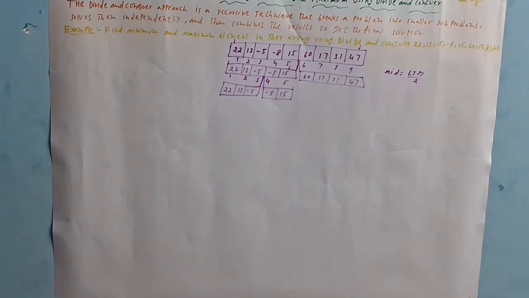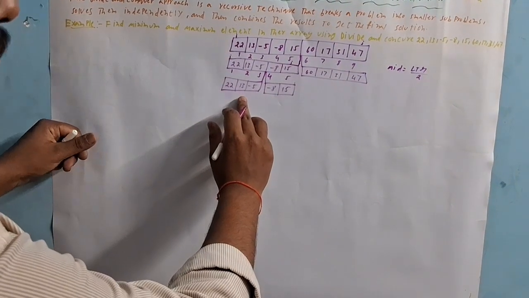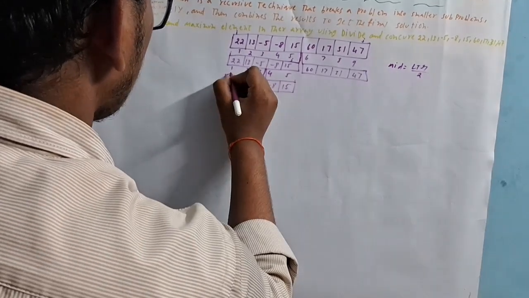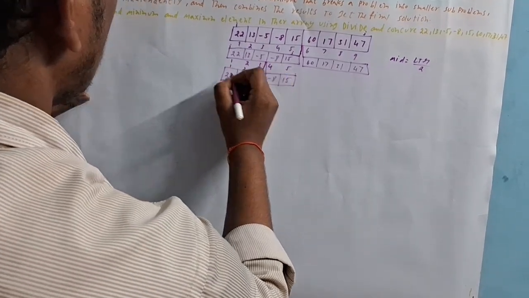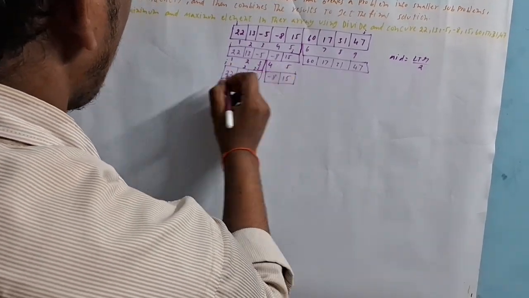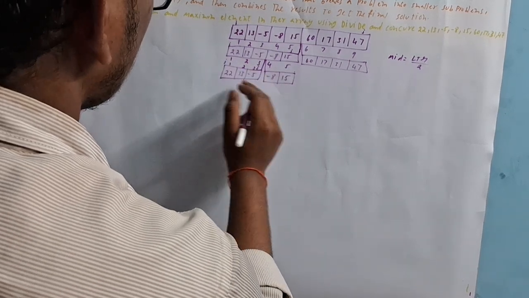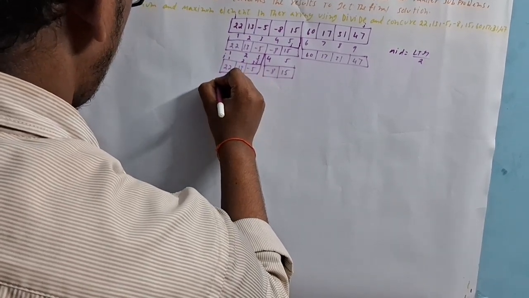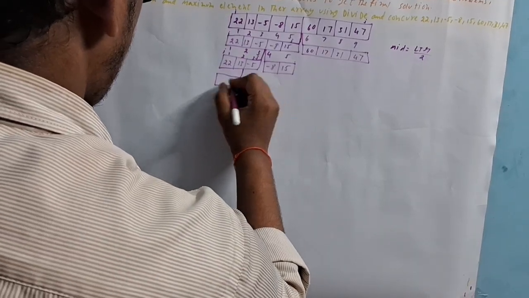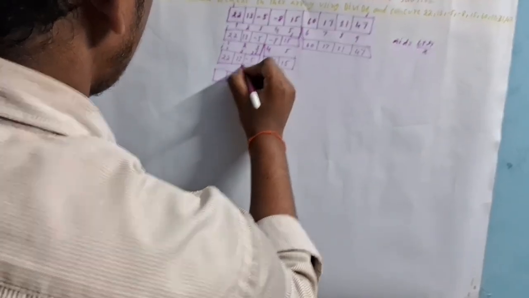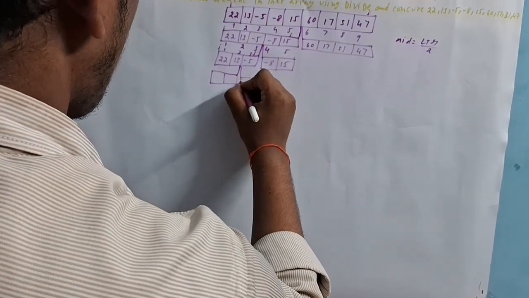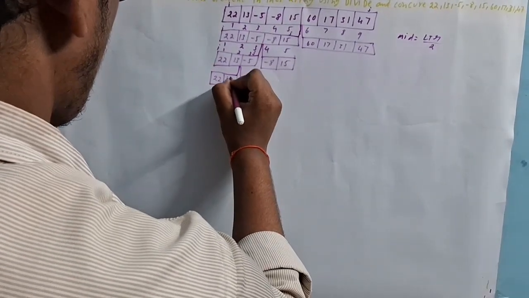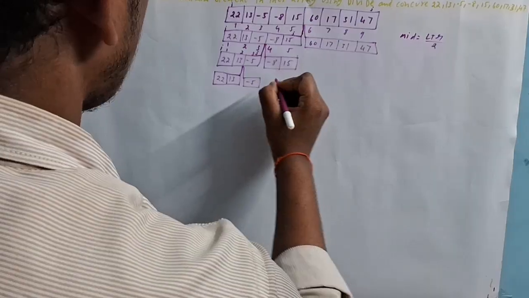Now again we have to divide this problem into two. Positions 1 2 3, i and j. 1 plus 3 is 4, 4 by 2 is 2. This gives 22, 13 and -5.